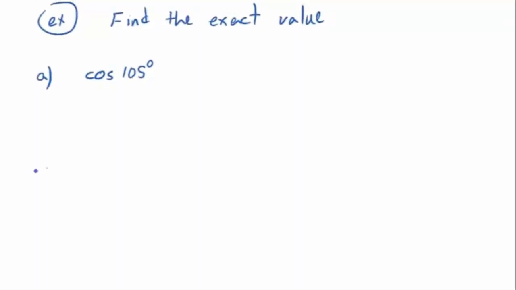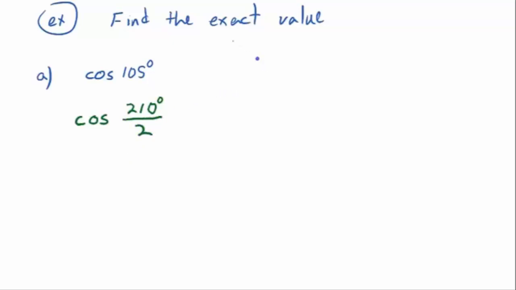Okay, let's work an example that makes use of the half-angle identity. In this example, we want to find the exact value of the cosine of 105 degrees. Problem is, 105 is not one of our special angles, so what do we do? We double it essentially. So take a look. I'm going to rewrite the cosine of 105 as the cosine of 210 over 2.